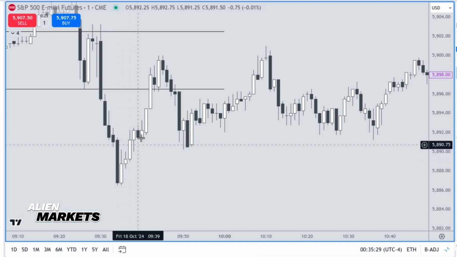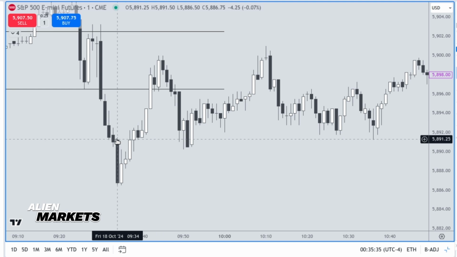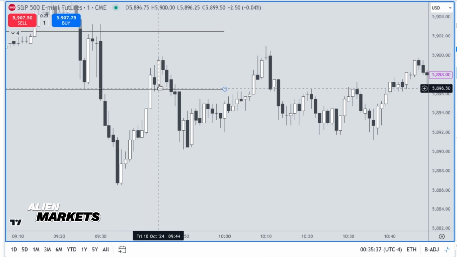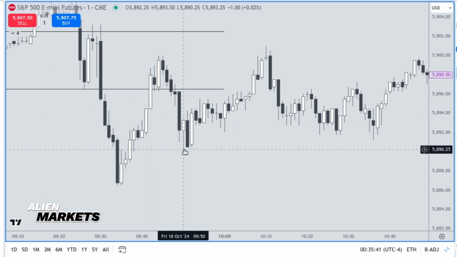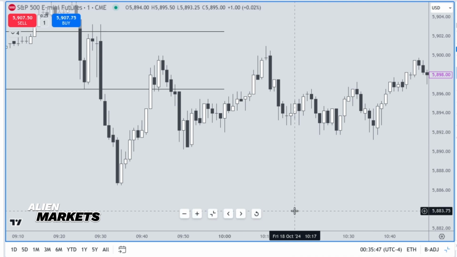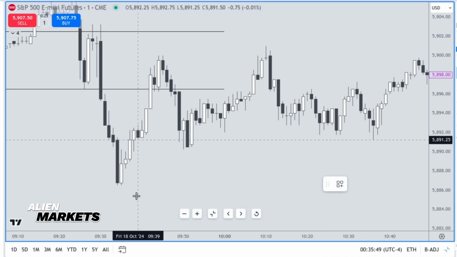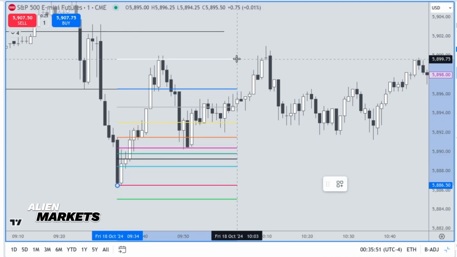So you have a break right here, a retracement of the range that it broke right here, and then a push up. This is 3, this is 4, 5, and 6, right? So we could have taken this long also.